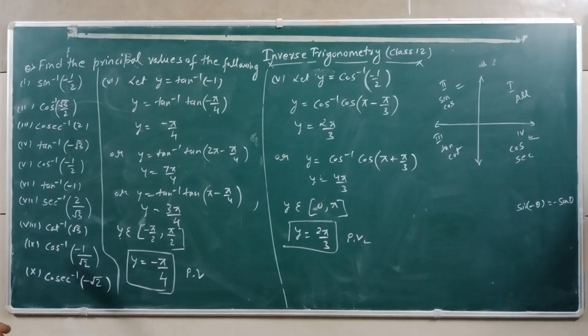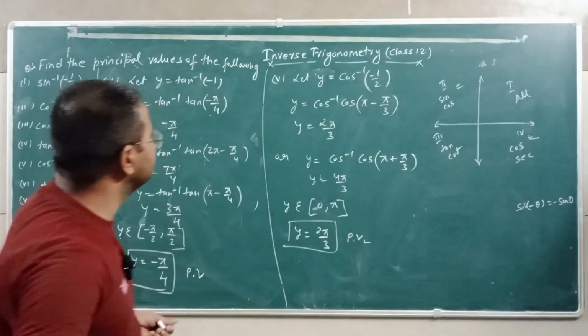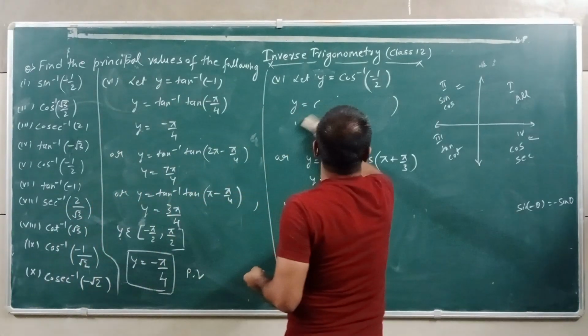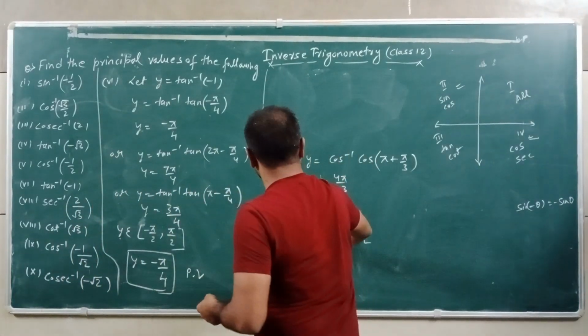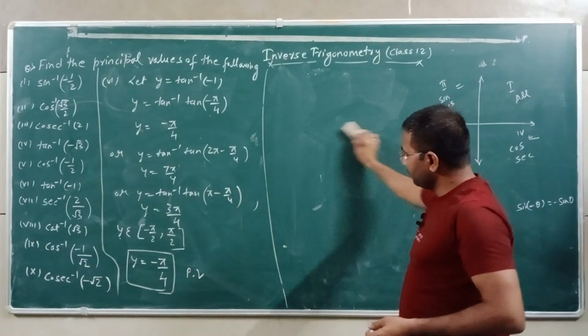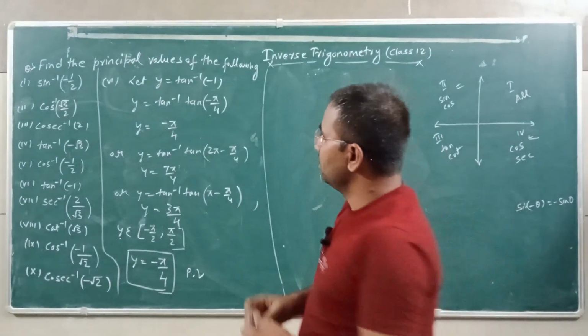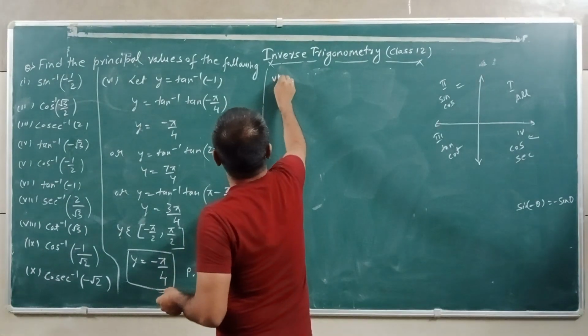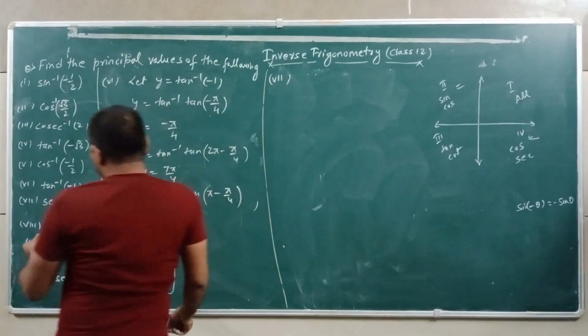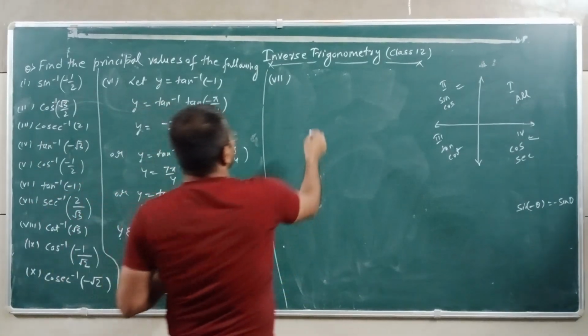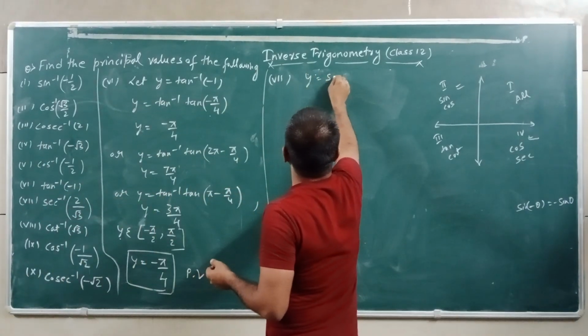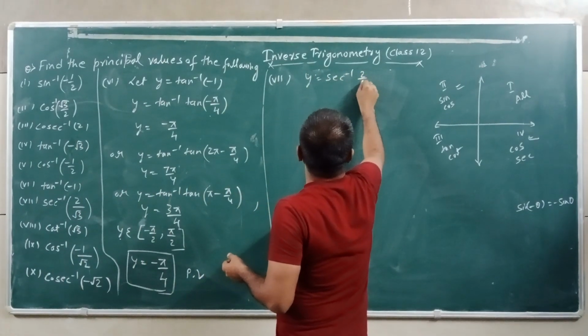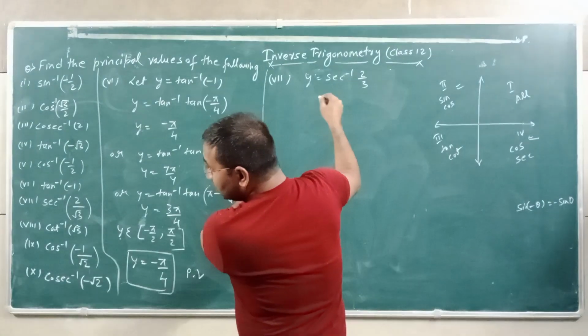Okay, now let us see the seventh one. Now the seventh one is sec inverse 2 upon root 3. So first of all we will take y is equal to sec inverse 2 upon root 3.